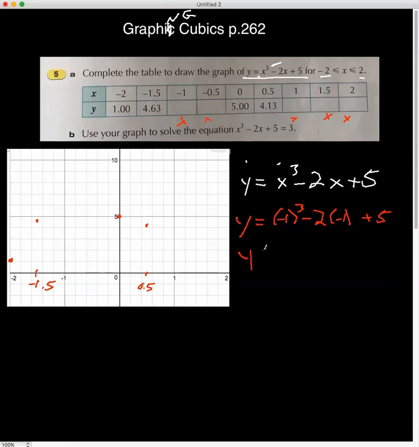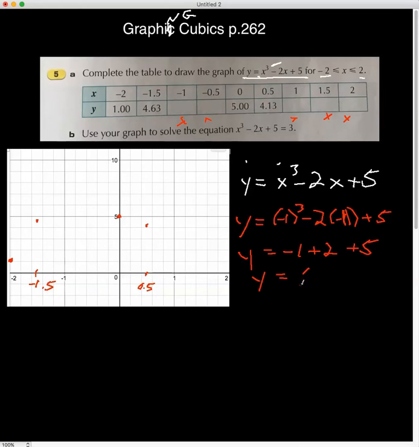And if we do that on our calculator, (-1) cubed is -1. -2 times -1 is positive 2, and then plus 5. So you should get 7 minus 1, 6.